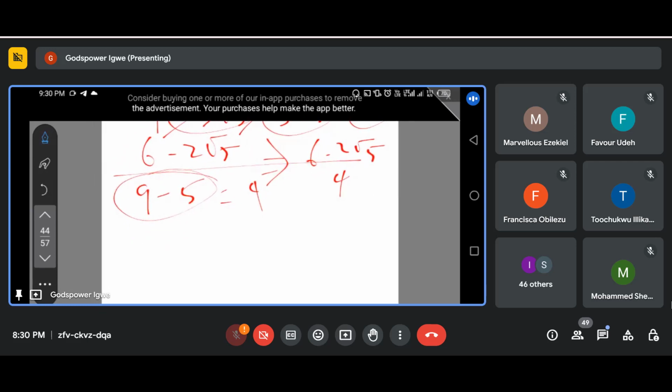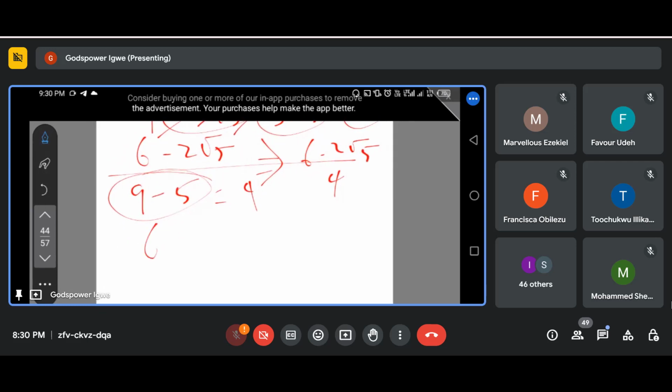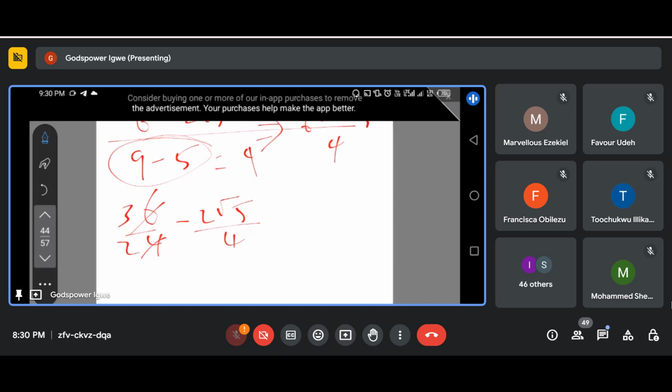Sometimes they may write the answer like this: 6 over 4 minus 2 root 5 over 4. Dividing by 2, 6 over 4 becomes 3 over 2, so the answer further becomes 3 over 2 minus 2 root 5 over 4.